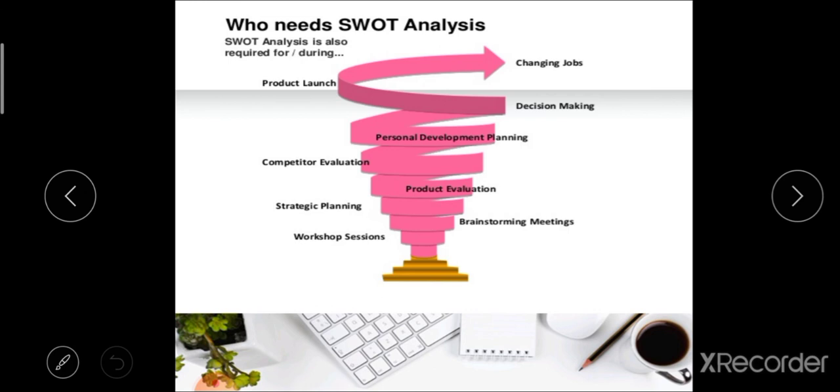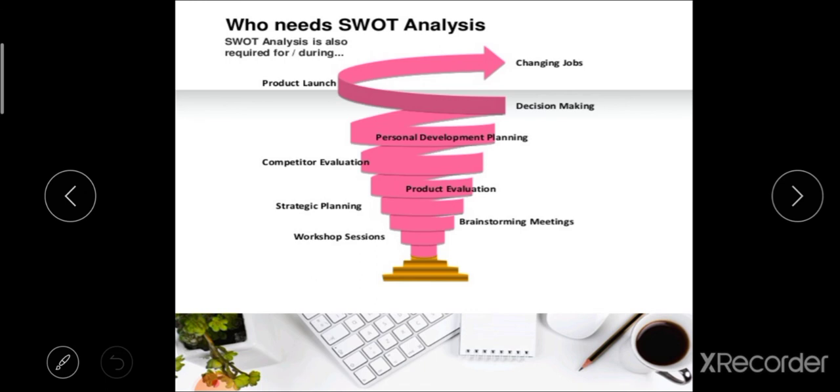In the case of job holders, they use this SWOT analysis technique when the supervisor has an issue with work output, when assigned to a new job, in a new financial year with fresh targets, or when job holders seek to improve performance on the job. So these are the needs of SWOT analysis: who uses it and when.